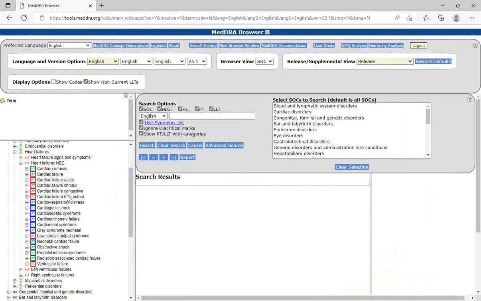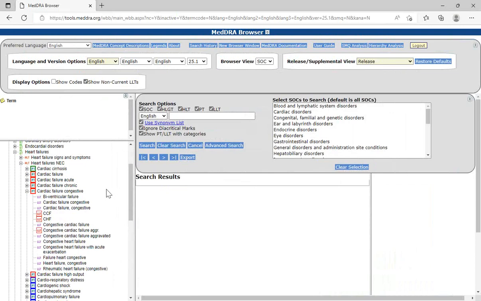Okay, so this is the way I would approach this. I would look at the various PTs, cardiac failure congestive, that's exactly what's been reported, but mine said worsened congestive heart failure, right? With all the LLT choices over here, there's an aggravated, there's a congestive heart failure with acute exacerbation, there's rheumatic heart failure.